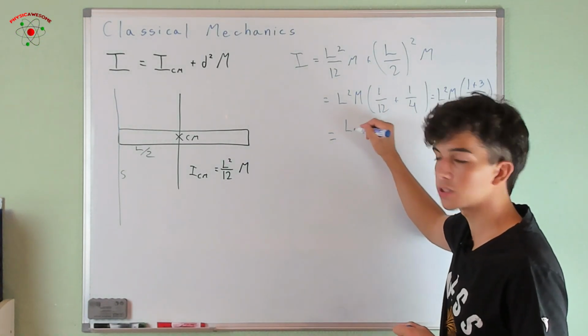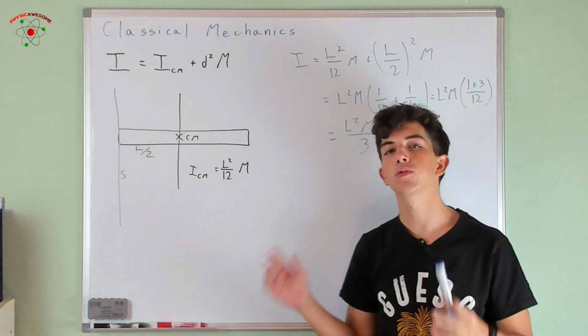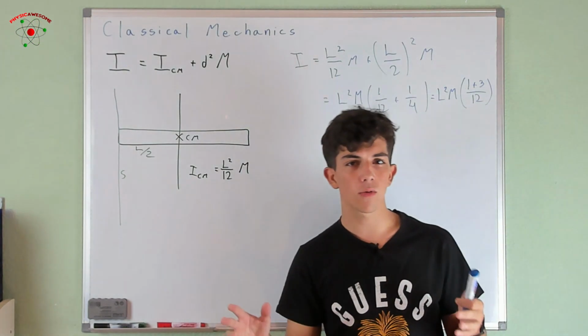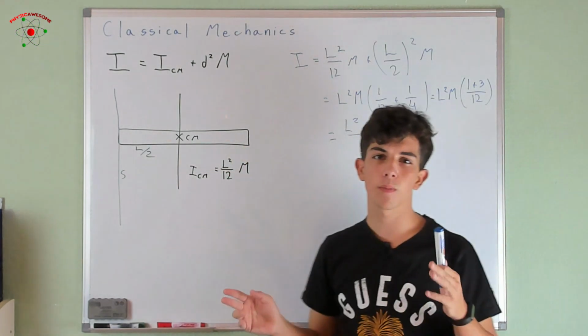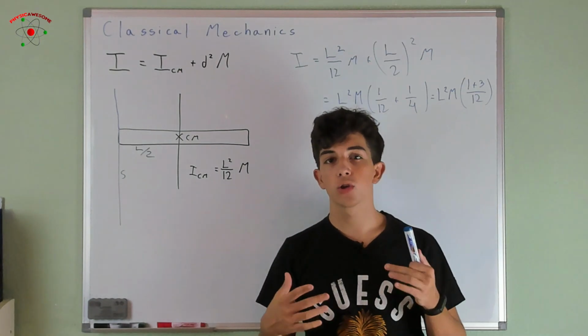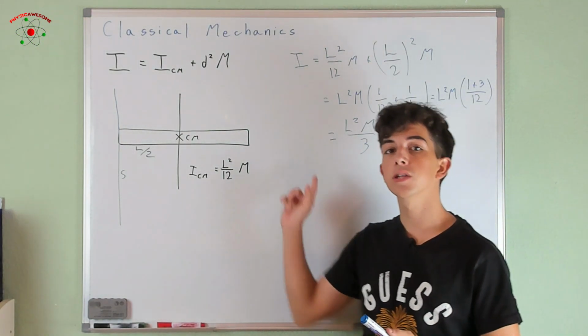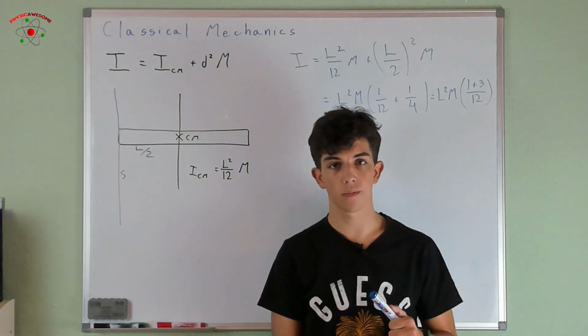So the moment of inertia is going to be L squared m over 3. And instead of having to do complicated integrals along the whole mass and taking into account lots of things and distance and everything, you have pretty easily found this value thanks to the parallel axis theorem.